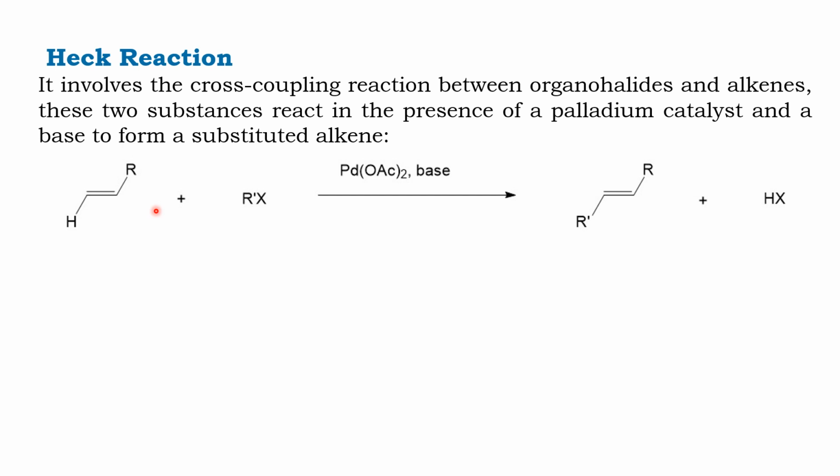So any alkene which reacts with organohalides, alkyl halides or aryl halides in the presence of a palladium catalyst and base gives a substituted alkene. This reaction is basically called the Heck reaction.